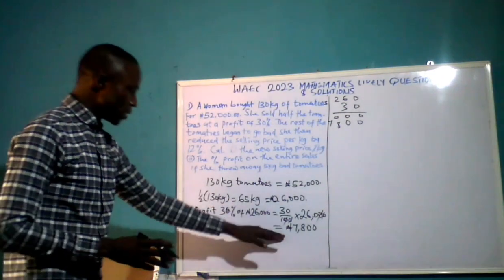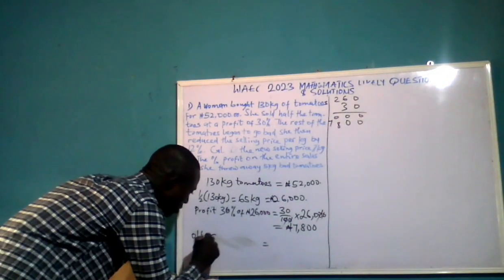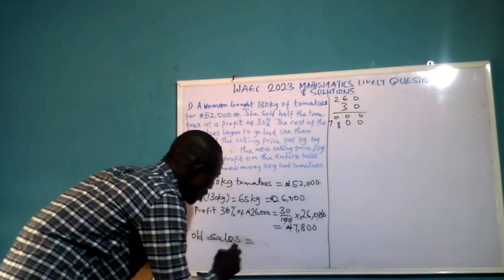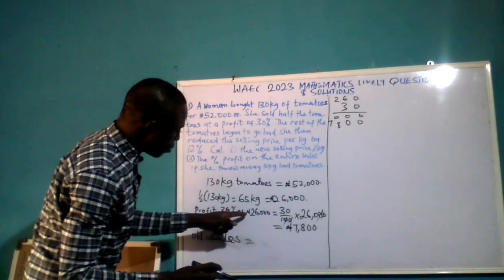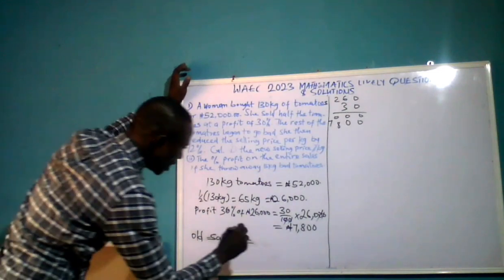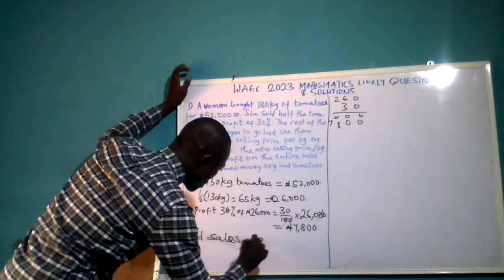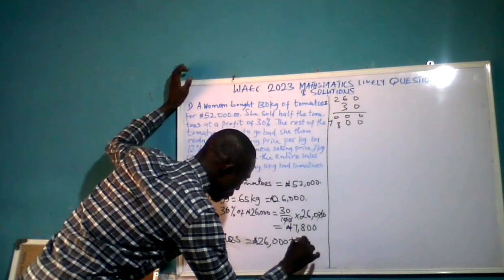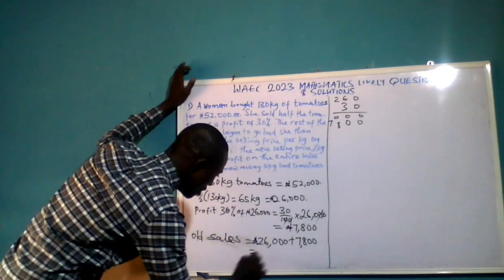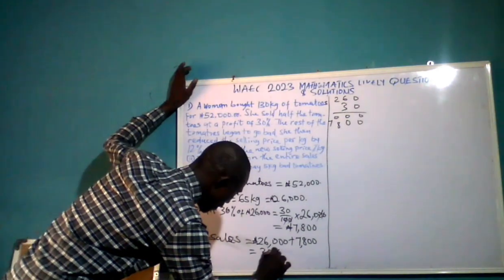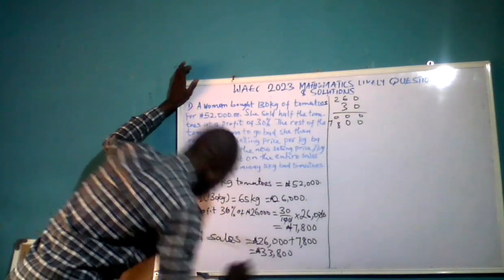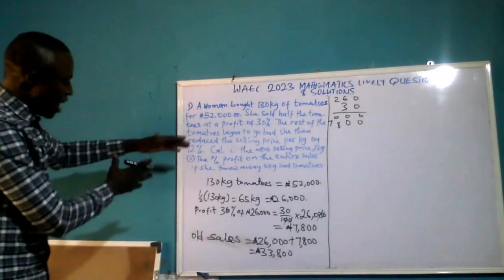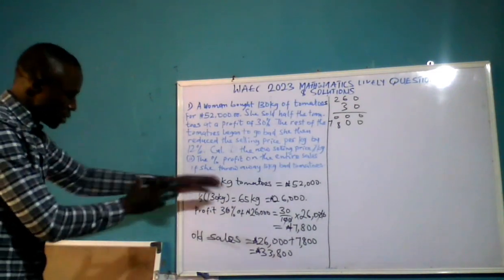If the profit is this and the cost is this, the selling price will be equal to the cost, that's 26,000 naira, plus 7,800 naira, which is the profit made, and that will give us 33,800 naira. 33,800 naira was the first sales made, that is the sales made with the half of the whole tomato, which is 65 kilogram.